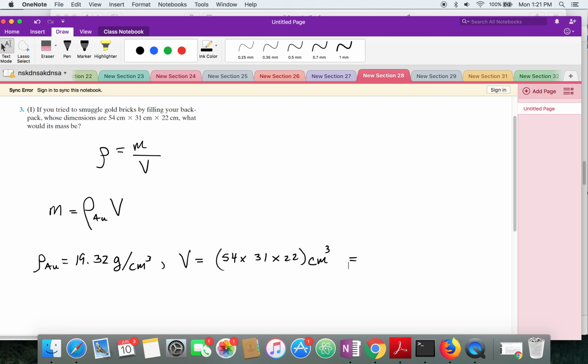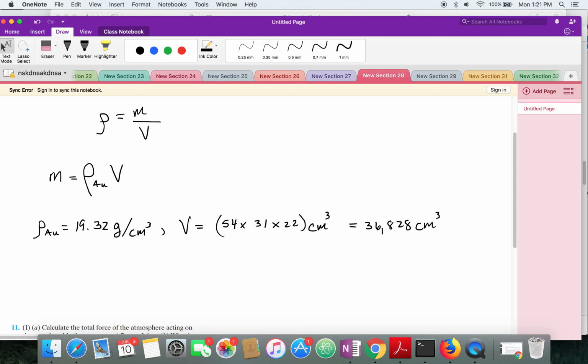So 54 times 31 times 22 is 36,828 cubic centimeters. So we now have our density and our volume, and we can find our mass.